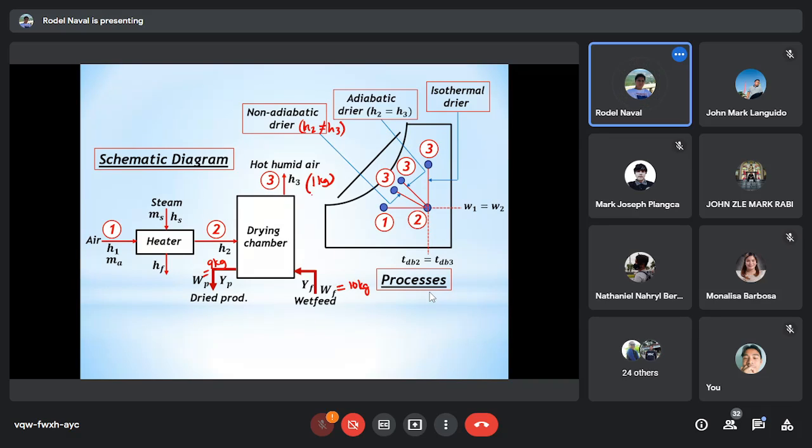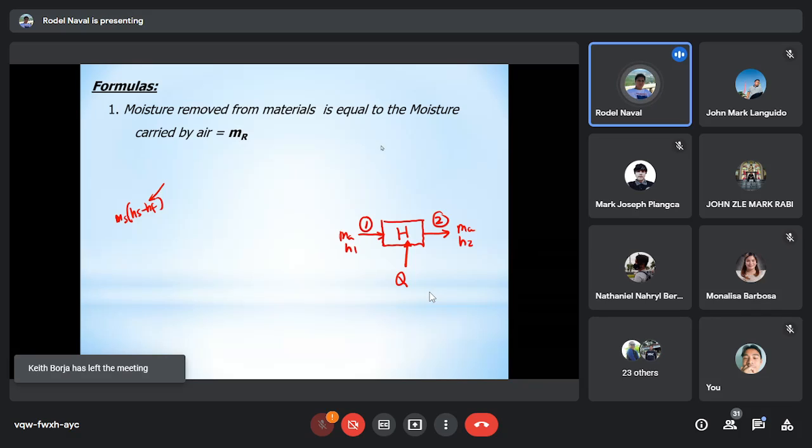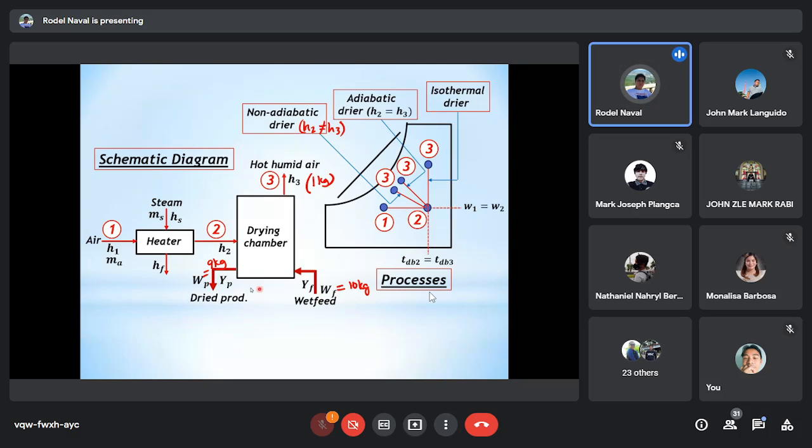Okay? Now, how do we solve for the moisture carried by air? Weight of the feed minus weight of the product. Okay, we can see it: weight of feed minus weight of product.